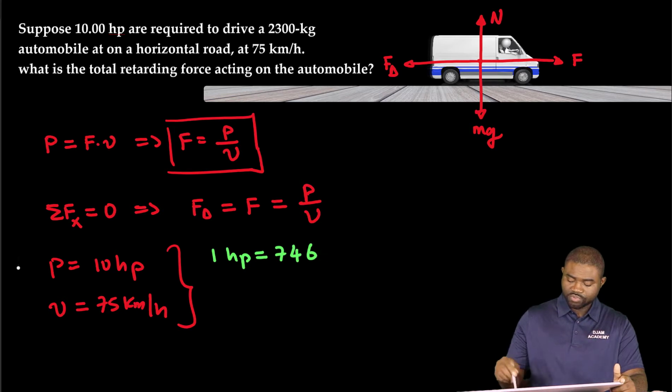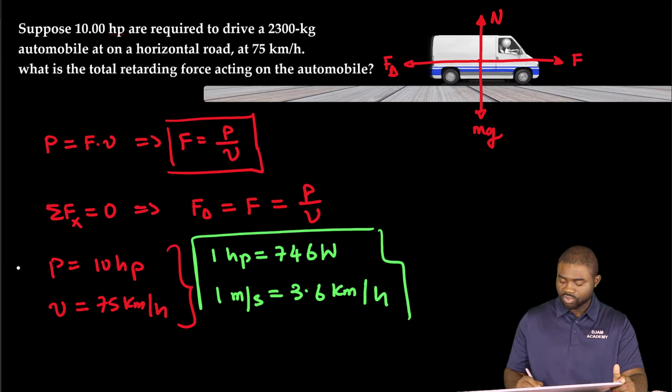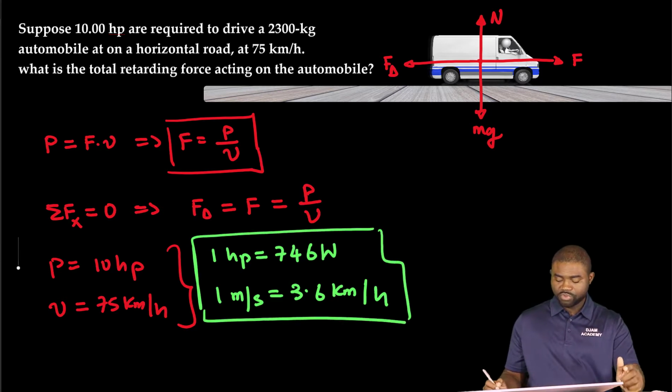And we also know that 1 meter per second is equal to 3.6 kilometers per hour. These are the conversion factors that we are going to use in this particular problem.